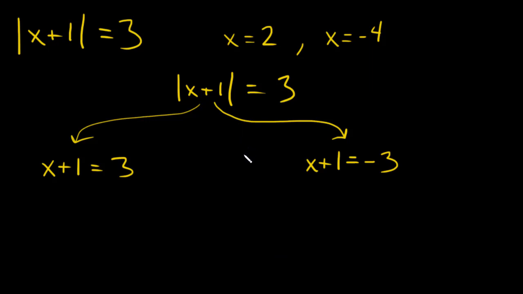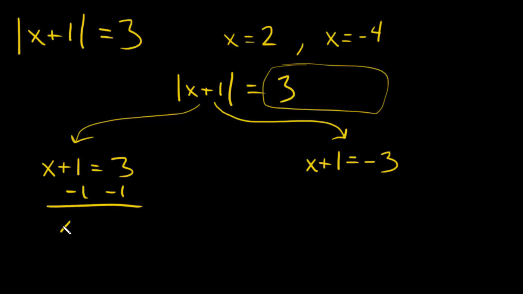So to go over that one more time, the first piece I copy down as is. The second piece, everything that is outside the absolute value, this and anything else that had been over here, you change the sign of. So the positive 3 becomes a negative 3. Now I solve like normal. Minus 1, x equals 2.